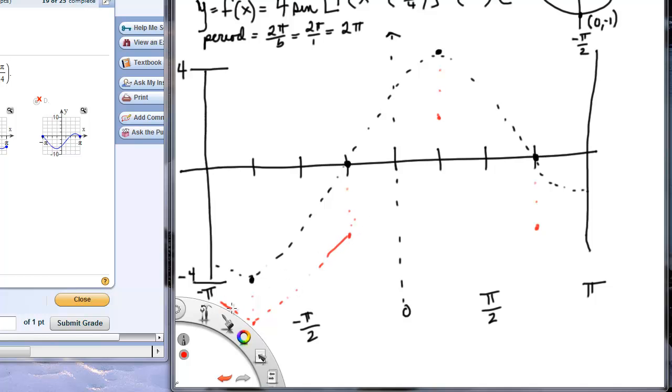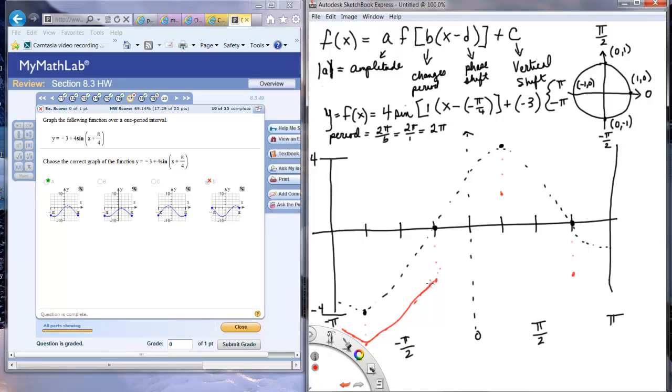And actually I'm pretty confident this is it, so I'm just going to make it a solid line. Now it's a crude drawing, but it's okay. Gets the point across.